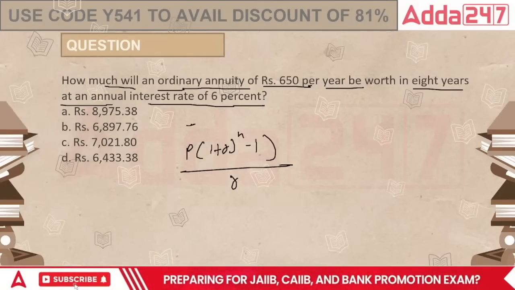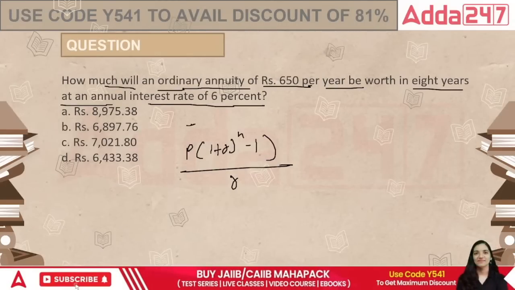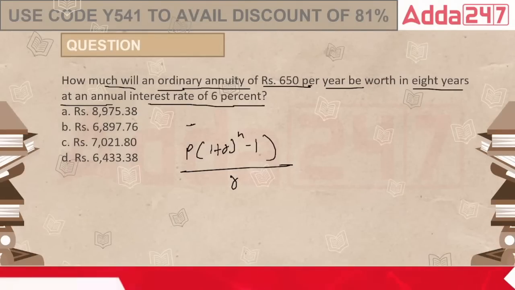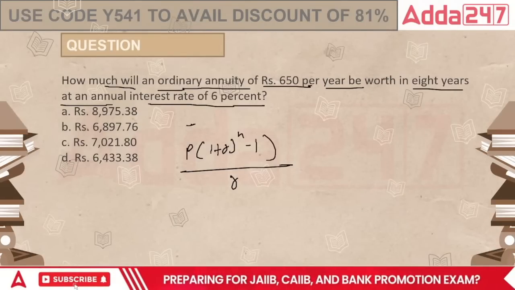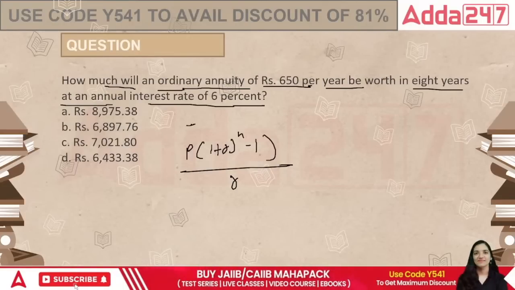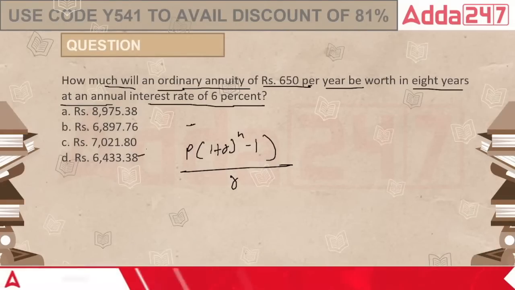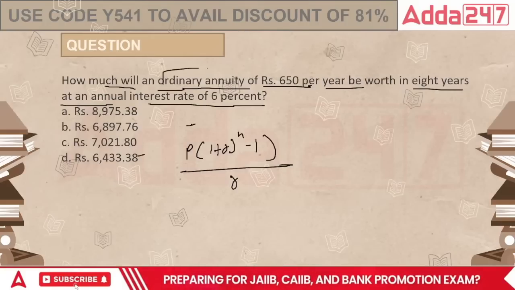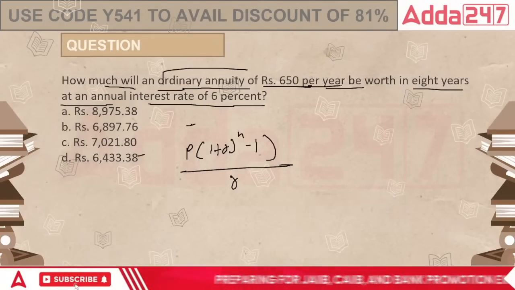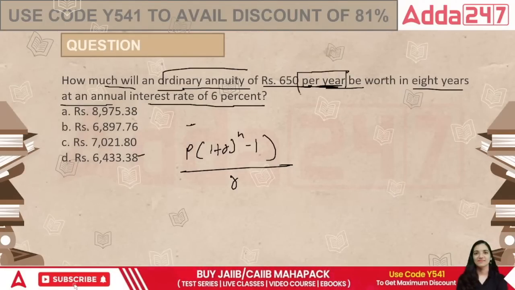Okay, so have you tried the question yet? How do we find it's an annuity? Whenever there's an annuity, first of all, they'll specify the name. Secondly, they'll always specify per year.